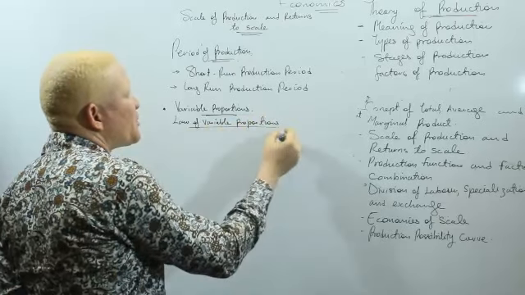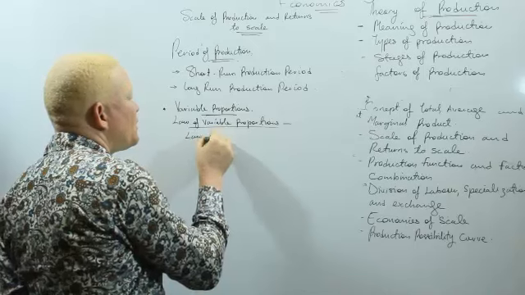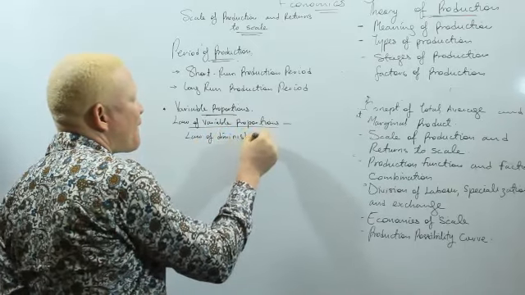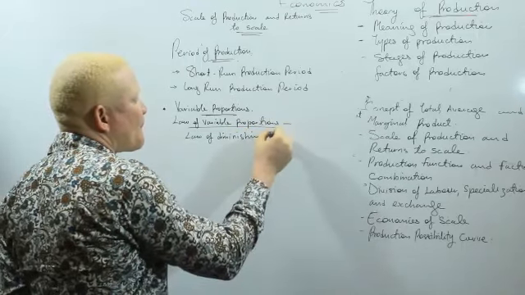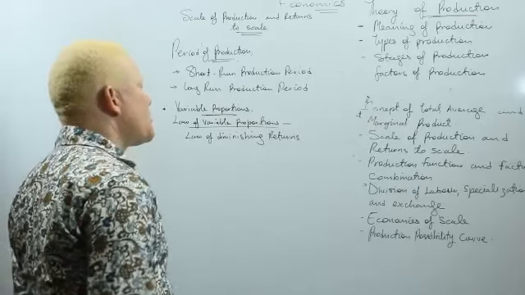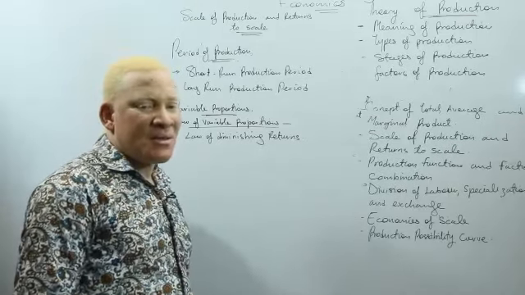The law of variable proportions is also referred to as the law of diminishing returns.